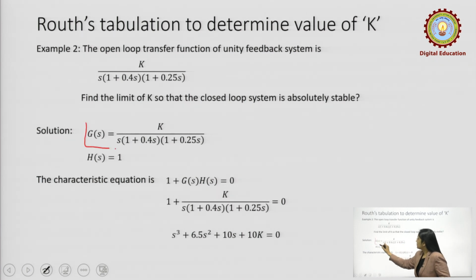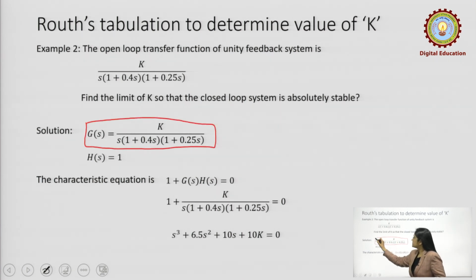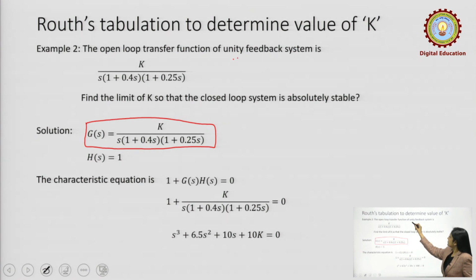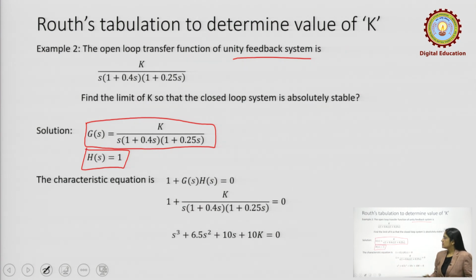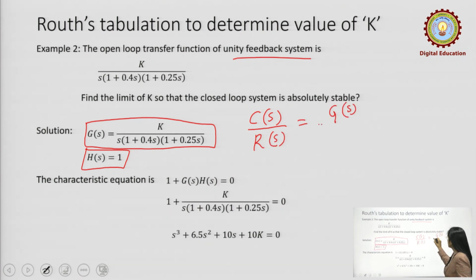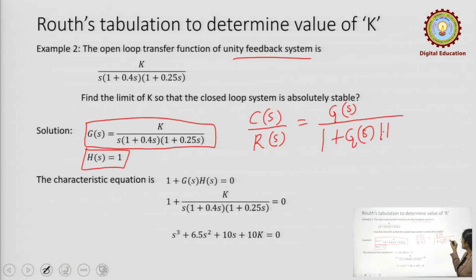So, G of s is this value, since it is an open loop transfer function, and we have a unity feedback system. Unity feedback means H of s is 1. The Routh Hurwitz criterion is tested on the characteristic equation of the closed loop transfer function. The closed loop transfer function, C of s upon R of s, is G of s upon 1 plus G s H s.